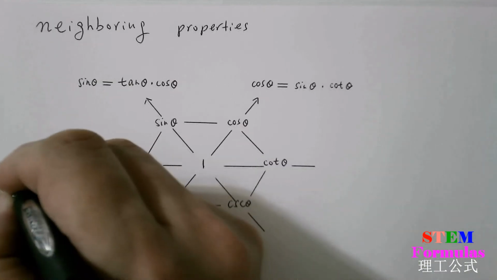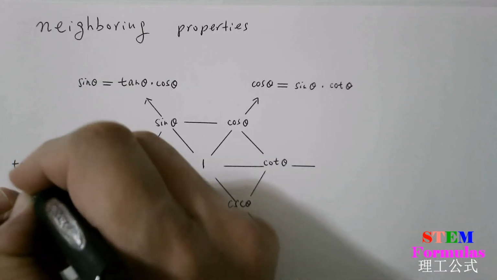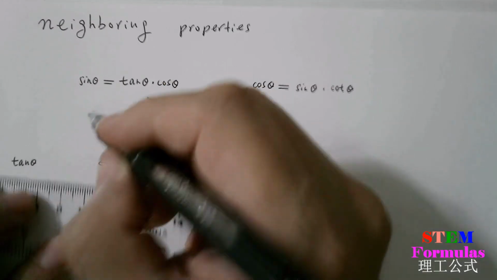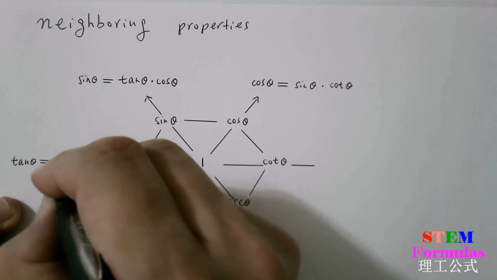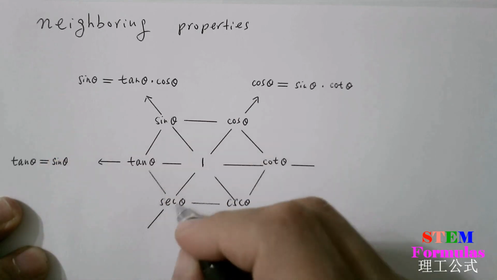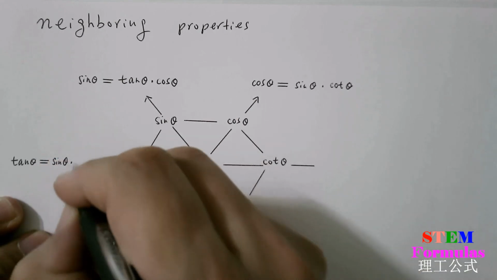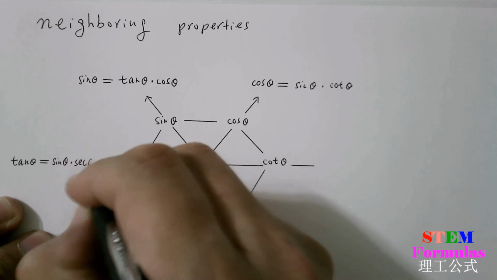So tangent theta equals sine theta times secant theta.